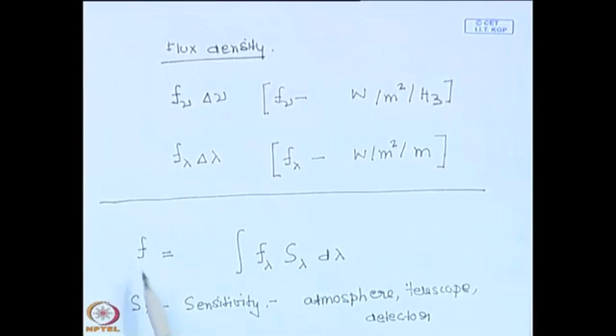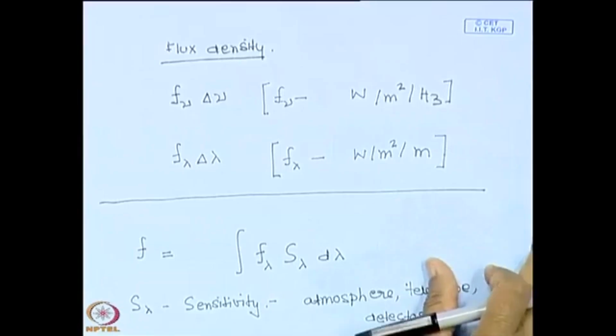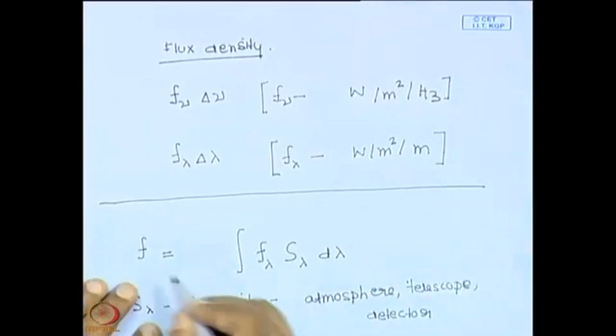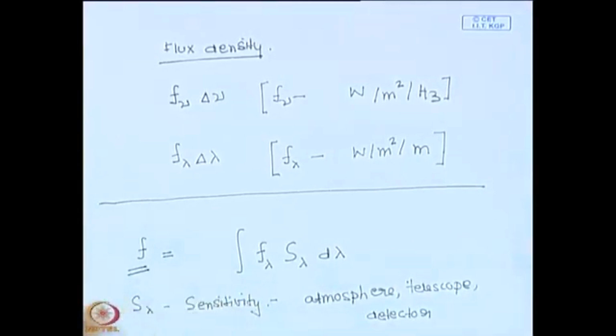The flux that is measured finally is an integral of the flux density over the wavelength with the sensitivity, and the sensitivity incorporates all of these effects. So yeah. In the new unit shouldn't there be a per second also? This is watts already, energy per second. So this is the quantity that is measured in any astronomical observation of a source, the flux.